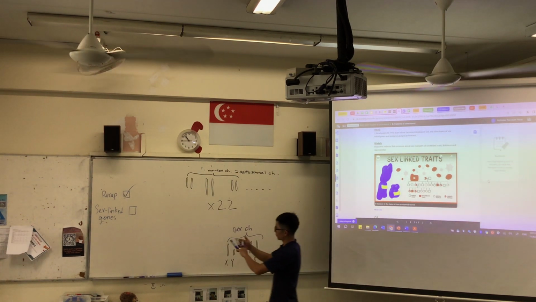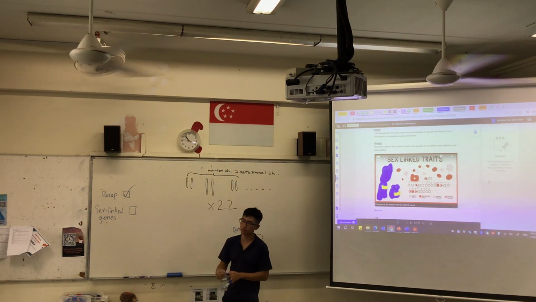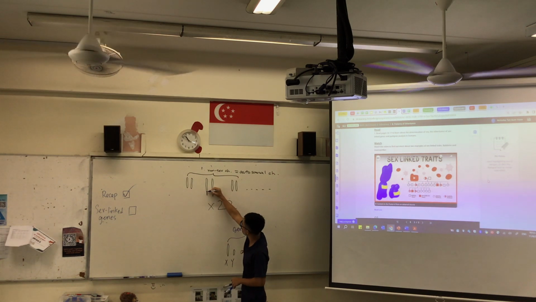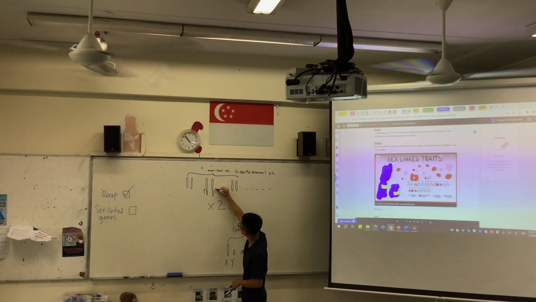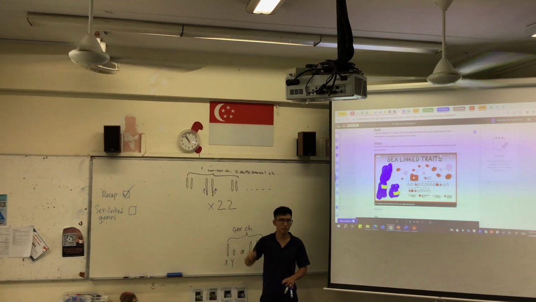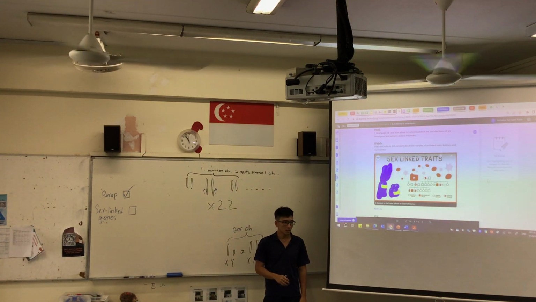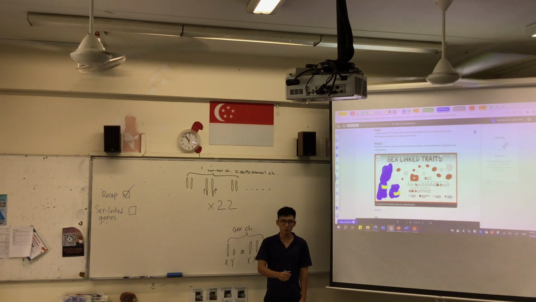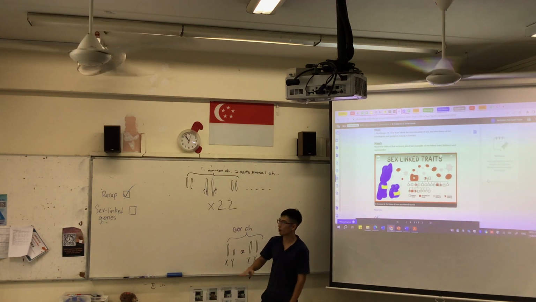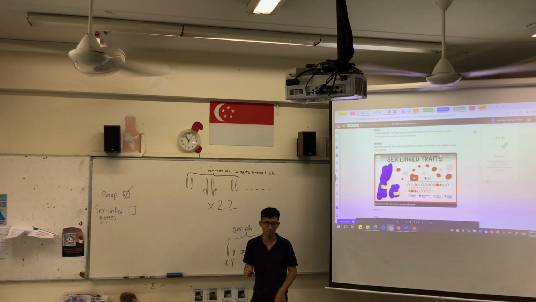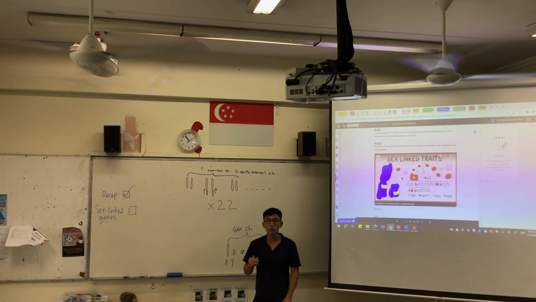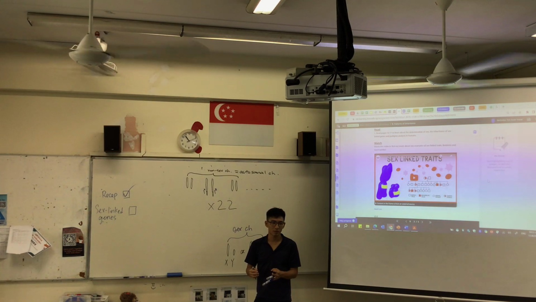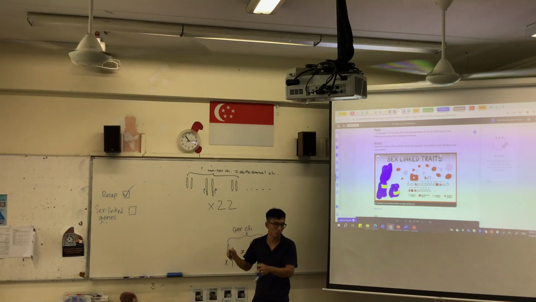For example, if we are looking at blood types, we are looking at just a pair of alleles, perhaps this is I^O, this one is I^B, on just one pair of chromosomes. All the genetic diagrams we've been doing so far focus on one pair at any one point in time. When you go to secondary school, we'll teach you how to draw genetic diagrams looking at more chromosomes.